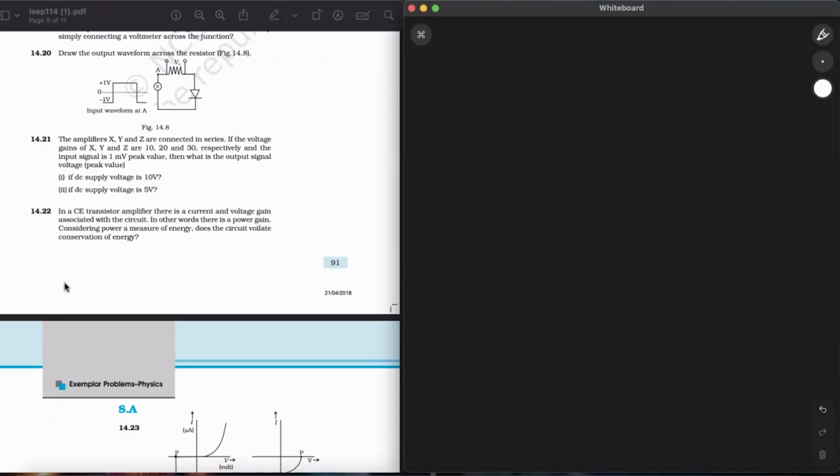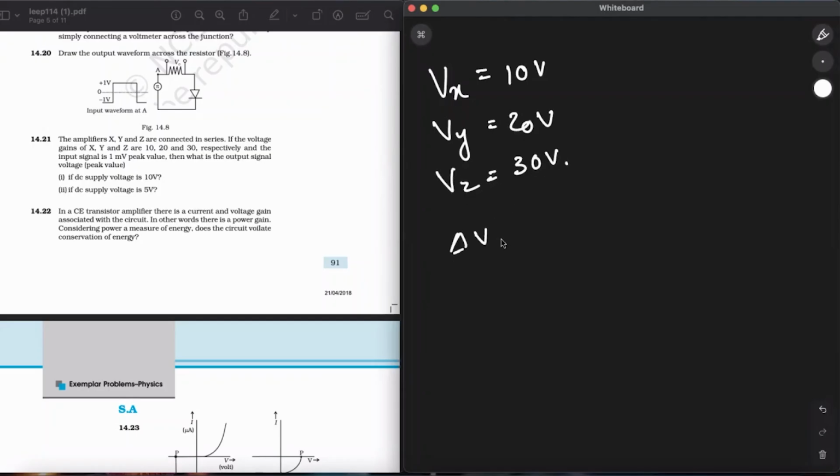Okay, now the total voltage amplification is defined as the ratio of the output signal voltage and the input signal voltage. Now, according to the problem, the voltage gain in X, Vx, is 10, the voltage gain in Y, Vy, is 20, and the voltage gain in Z, Vz, is 30, and delta Vi is 1 millivolt, that is 10 to the power of minus 3 volt.